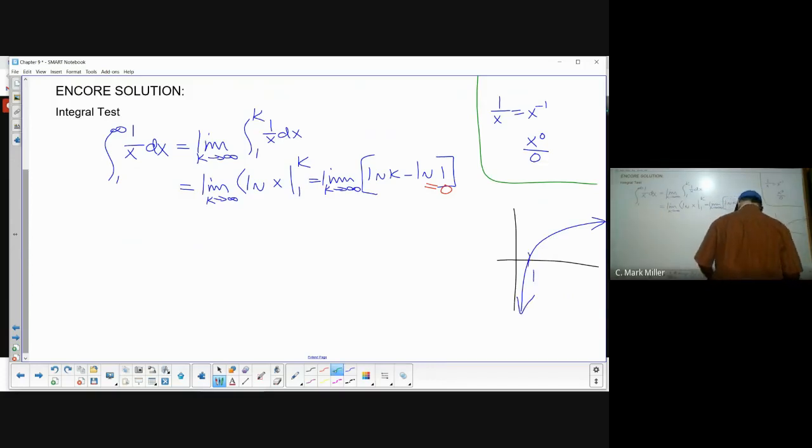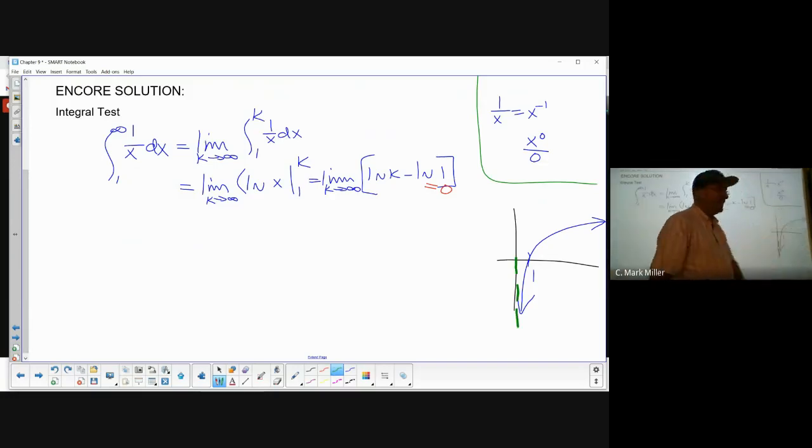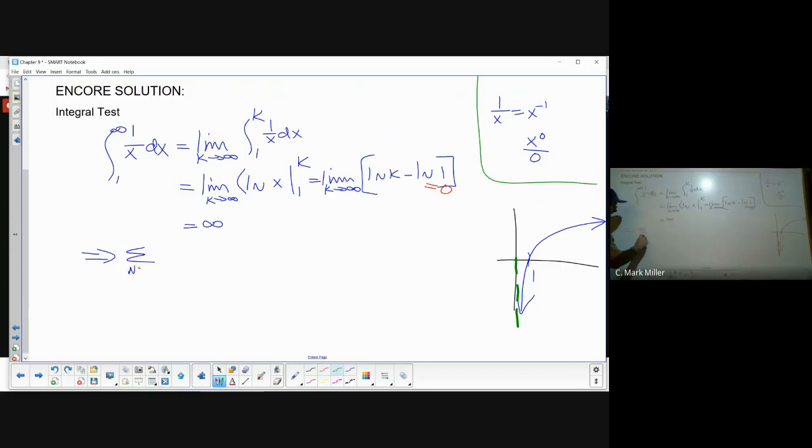It looks like that. It keeps going up forever. So this is infinite. Right? Which implies that the sigma series diverges by the integral test.